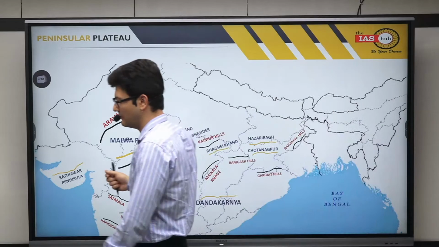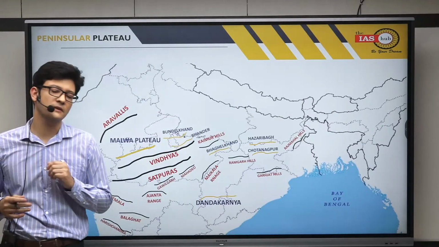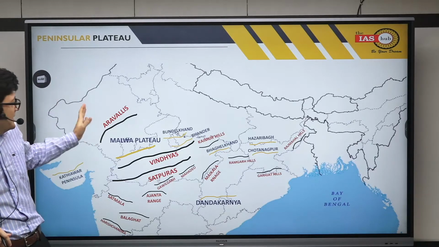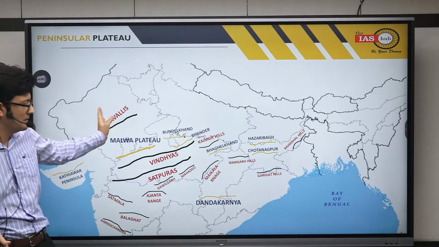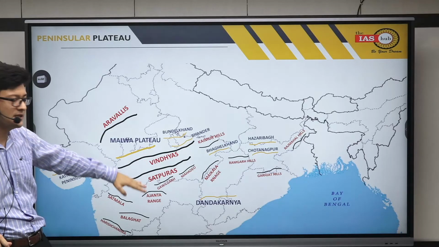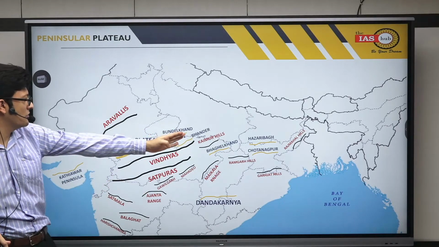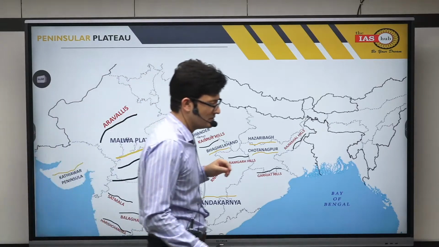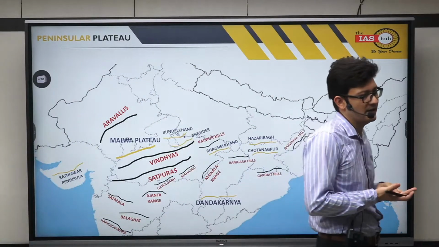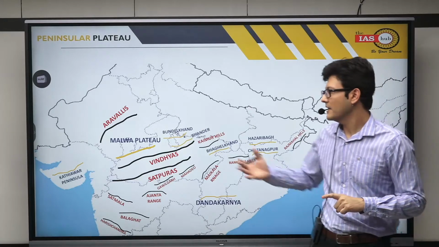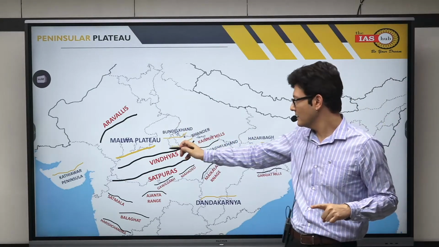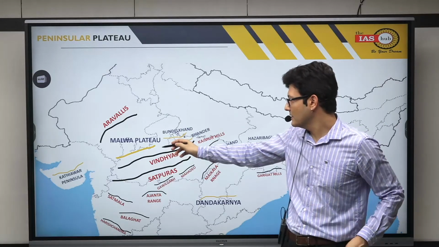If you can see, moving from the eastern side towards the western side, we'll categorize this along with the maximum ranges like Aravallis, Vindhyas and Satpuras, and we'll move on towards the western side. Now in the western side we have the Kathiawar Peninsula, which is also a tableland, also a plateau region. Then we have Aravallis in the north, the Malwa Plateau, as we have already discussed.